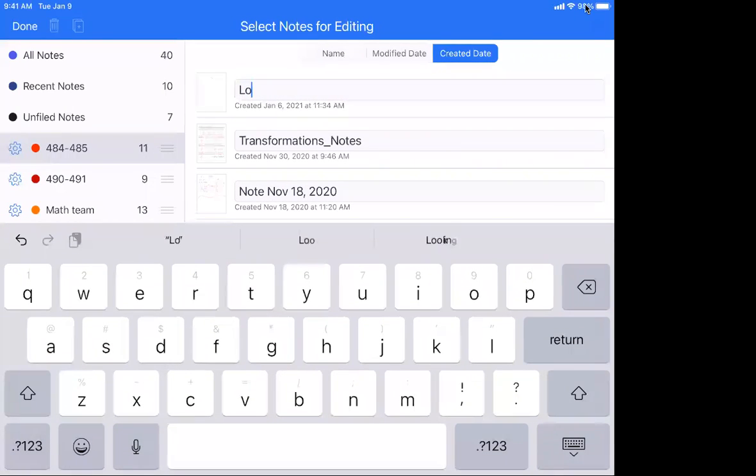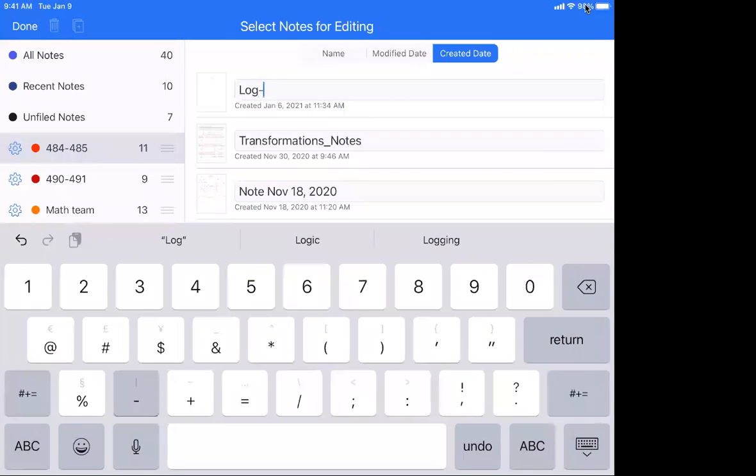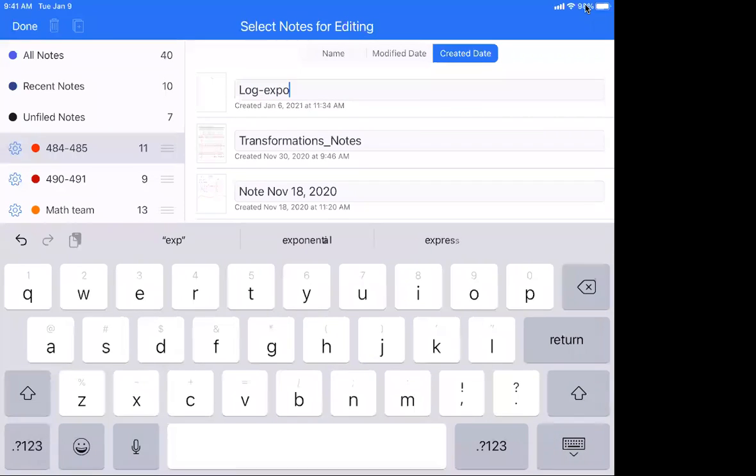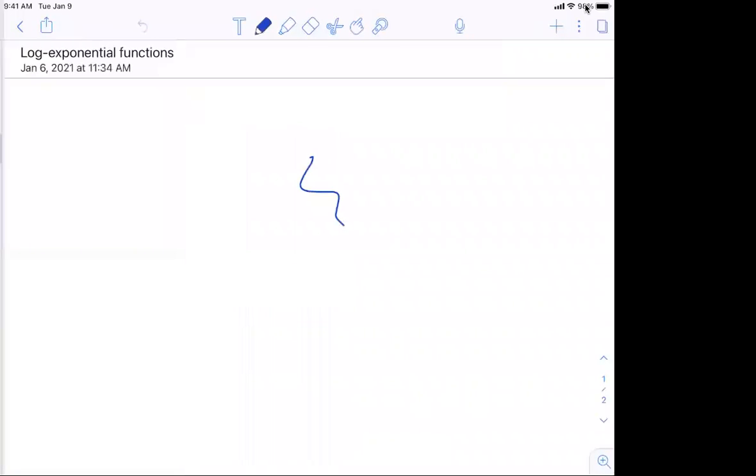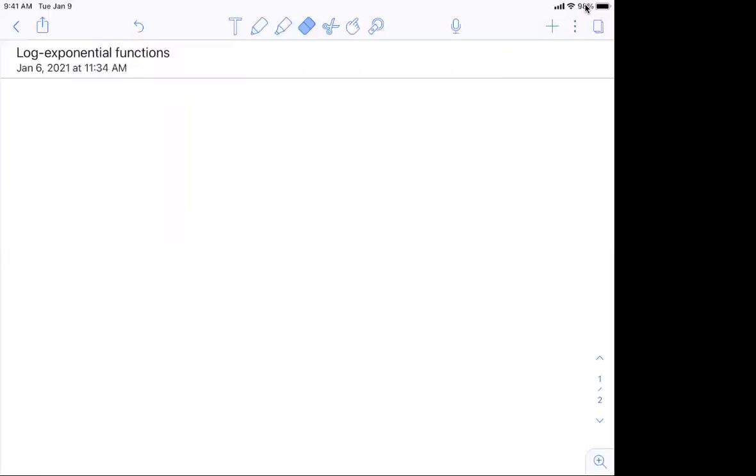All right, so I'm going to do log-exponential functions. All right, so I'm going to talk about what a log and exponential function is in just a few moments. But before we do that, the first thing I want to start off with is inverse functions.